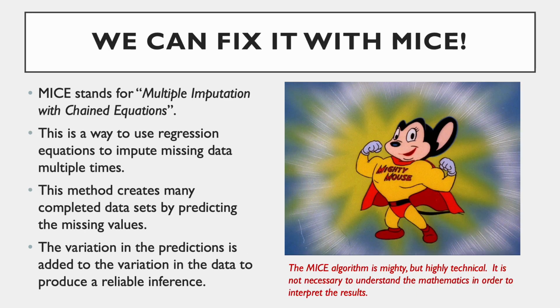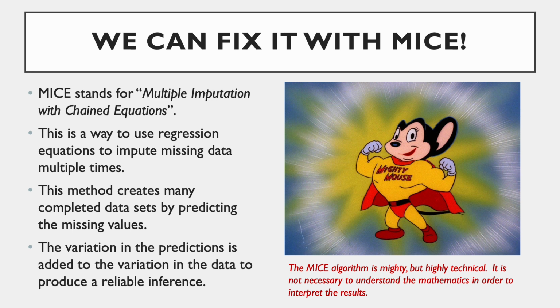One specific method of imputing lost data or missing data is called MICE, which stands for Multiple Imputation with Chained Equations. It's a pretty technical procedure, but it involves using regression equations to guess at what the missing data would have been using the data that we do have about each patient.